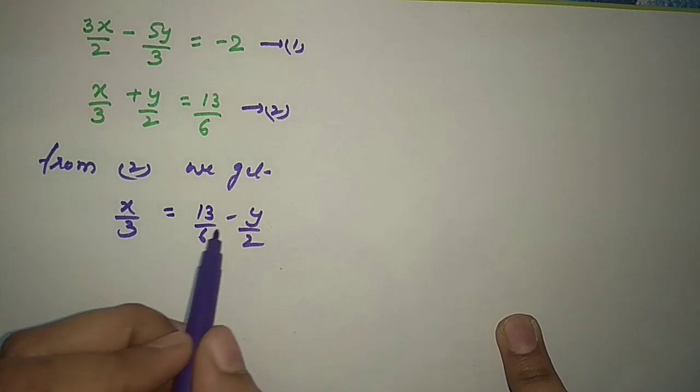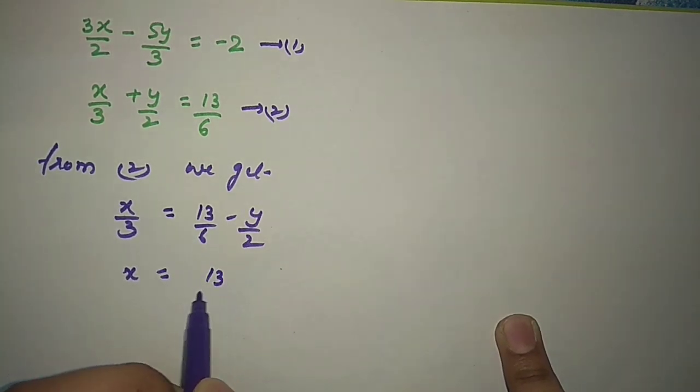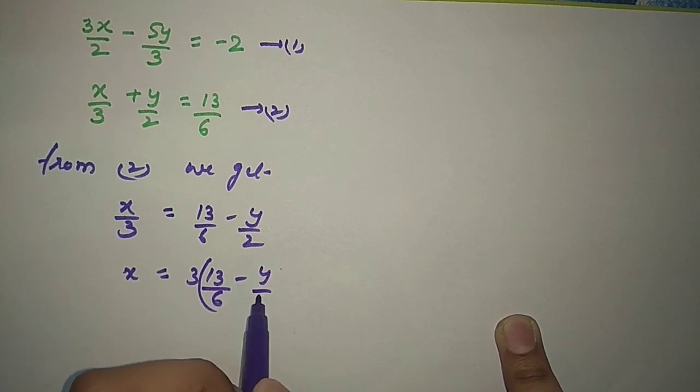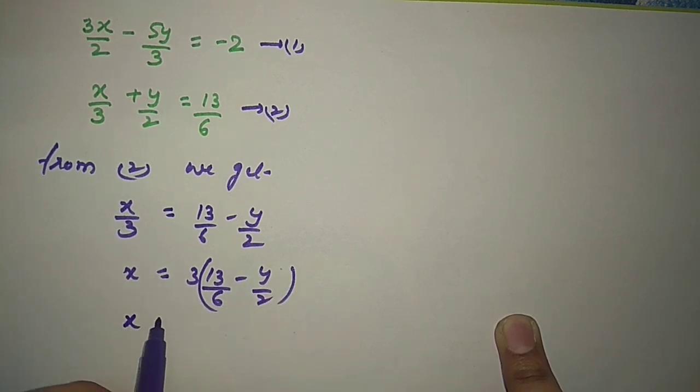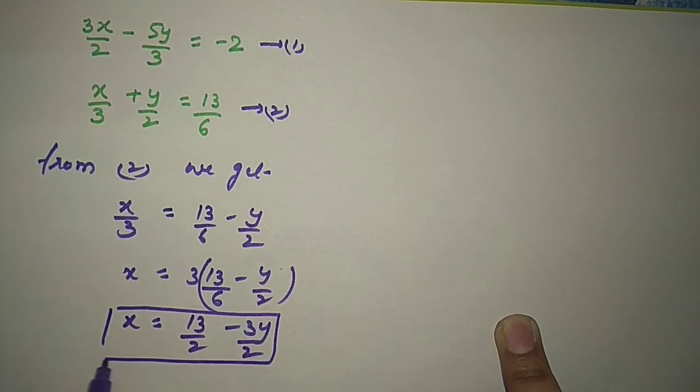So bring 3 to this side. We get 3 into 13 upon 6 minus y upon 2. And on solving I get 13 upon 2 minus 3y upon 2. So this is our value of x, equation number third.